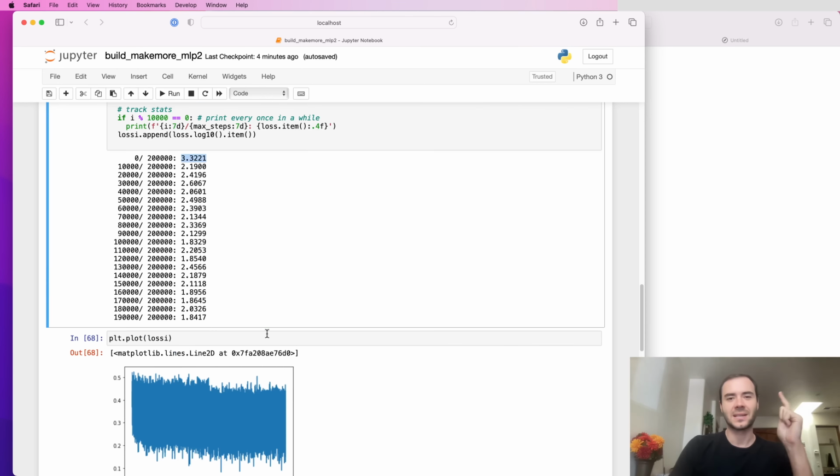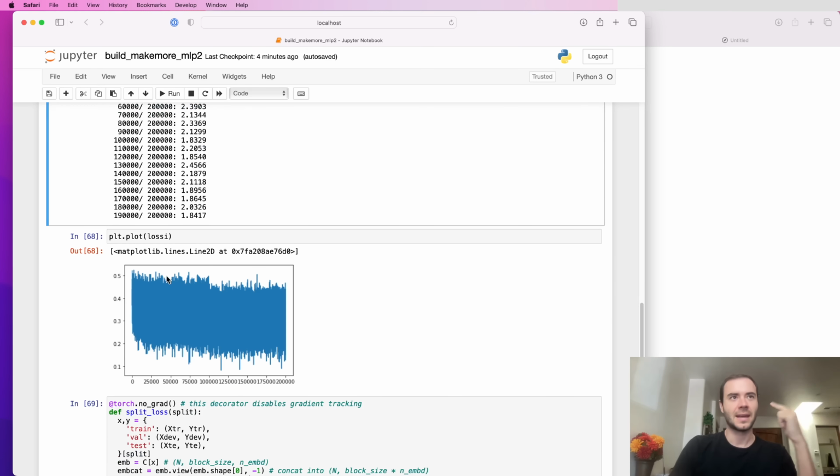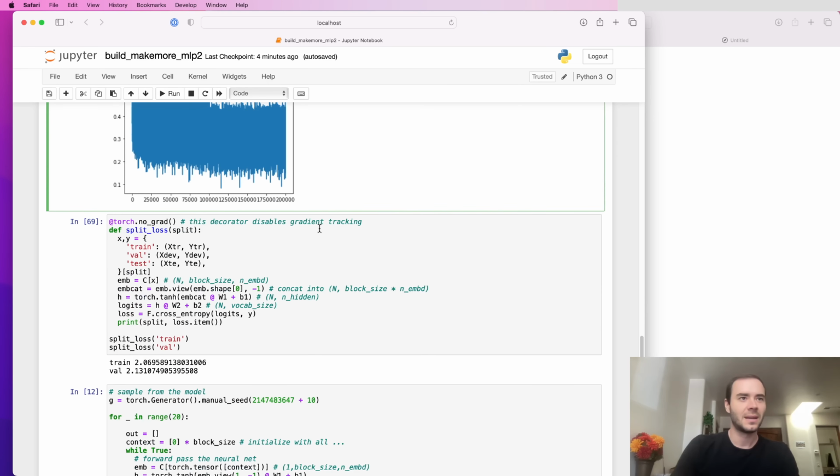So good things are happening in that both, number one, loss at initialization is what we expect, and the loss doesn't look like a hockey stick. And this is true for any neural net you might train, and something to look out for. And second, the loss that came out is actually quite a bit improved. Unfortunately, I erased what we had here before. I believe this was 2.12, and this was 2.16.